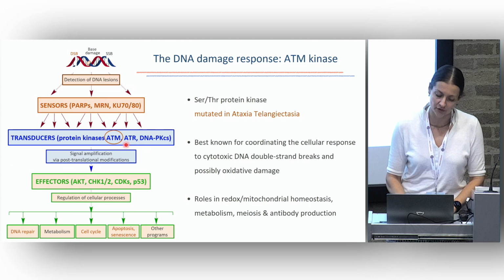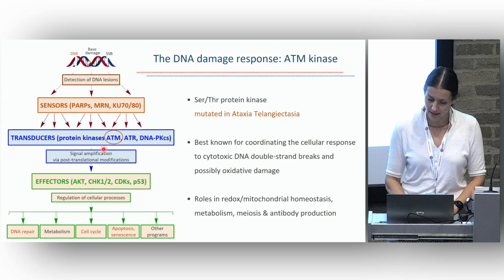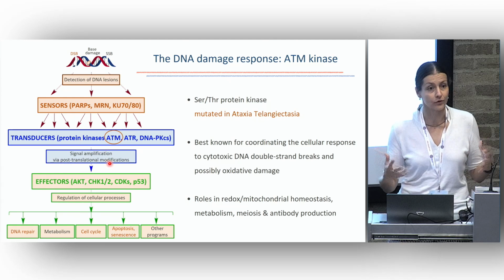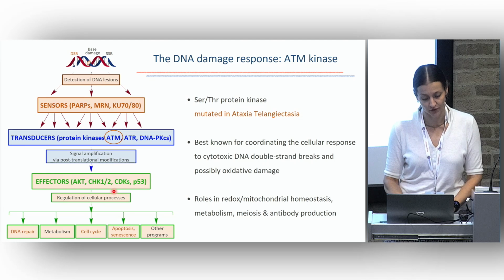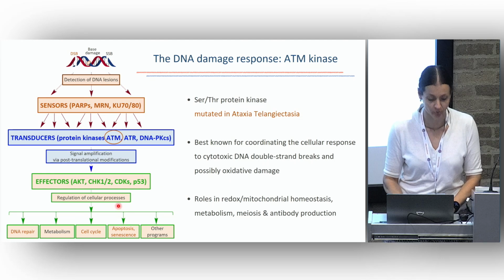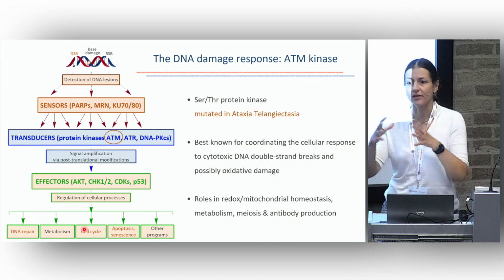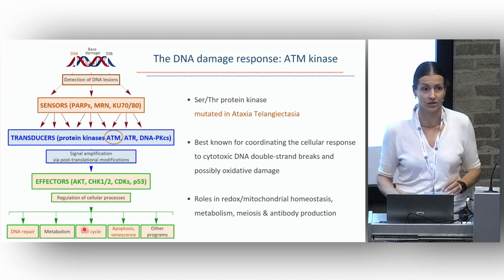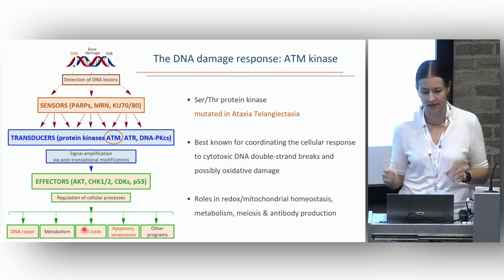Then the information is conveyed to transducers, and these are usually protein kinases, such as ATM, which then drive phosphorylation of a number of different proteins, including, again, a range of different kinases, and p53, the tumor suppressor, and thus drive repair, cell fate decisions, and all other processes around it, which are intended to repair DNA damage in time and correctly.